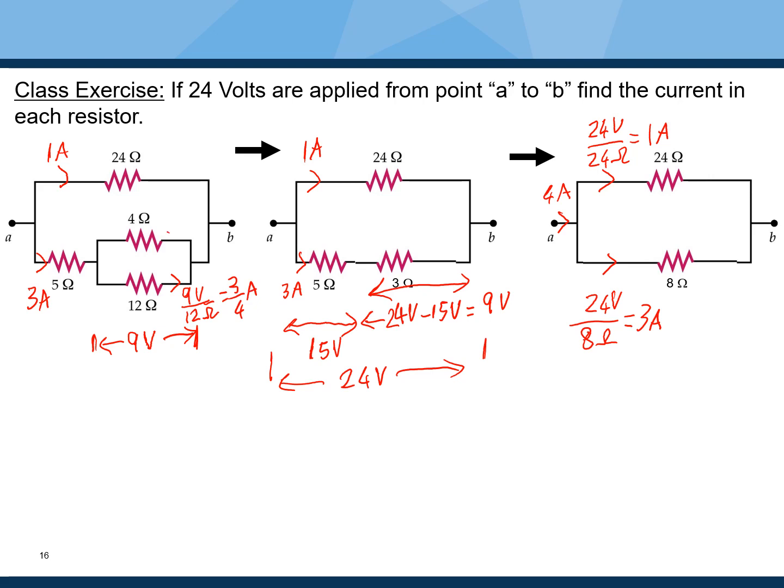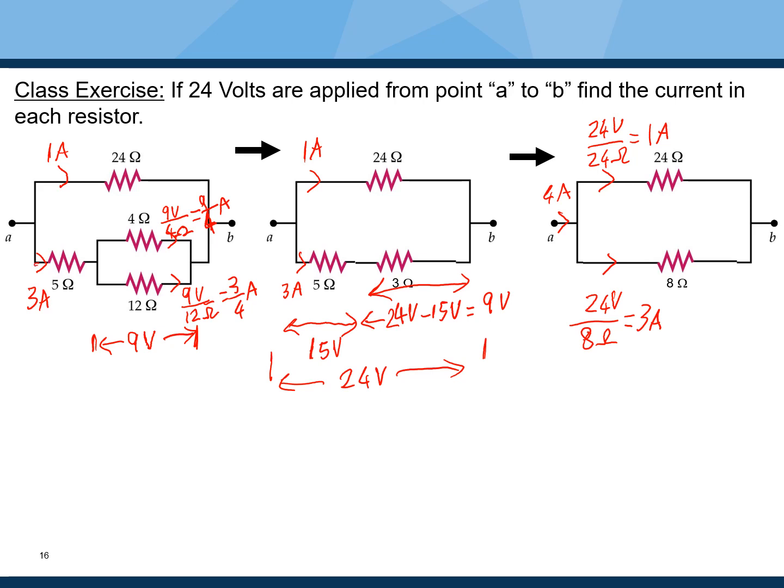And the current flowing through the 4 ohm resistor is just given by 9 volts divided by 4 ohms, which is equal to 9/4 of an ampere. Realize that 9/4 plus 3/4 adds up to 12/4, and that is just 3 amperes.